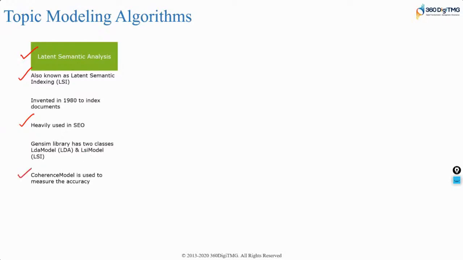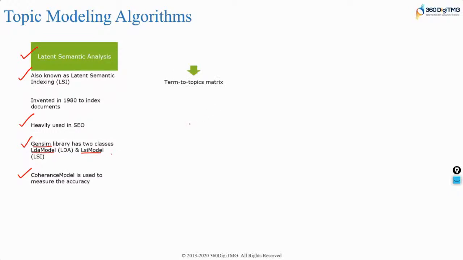There is also something called the coherence model, which is used to measure the accuracy of your LSA or LSI models. The Gensim library, which is part of Python, has two classes. One is called LDA model, another is called LSI model. These classes can be used to handle LDA or LSI.